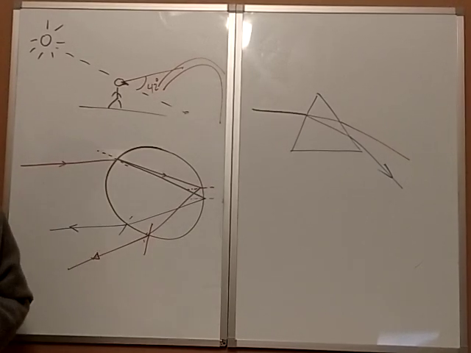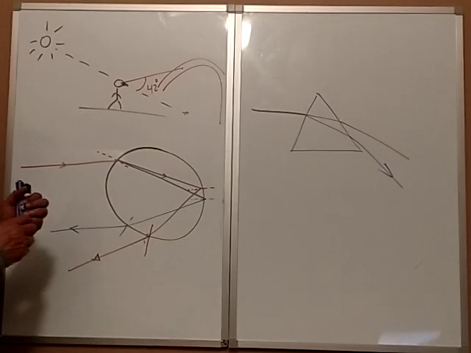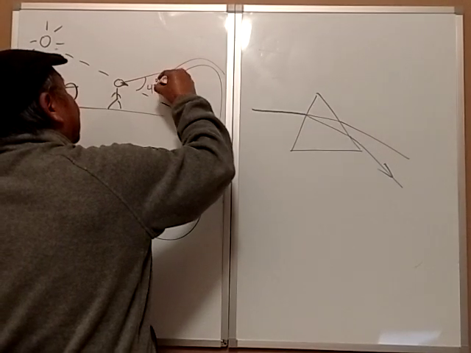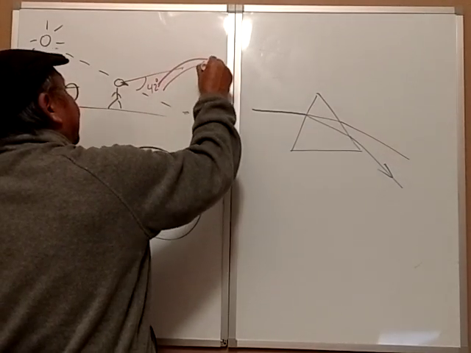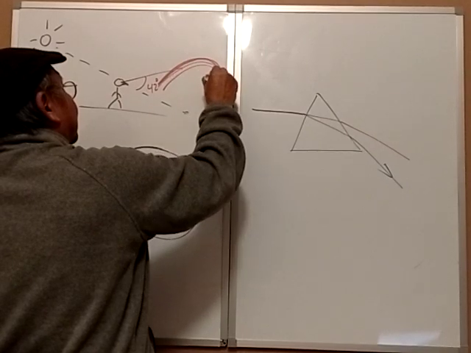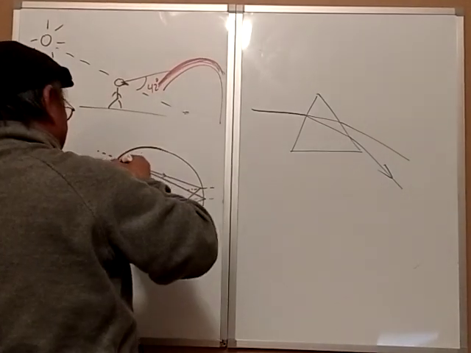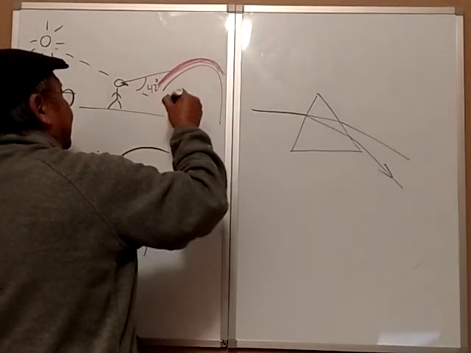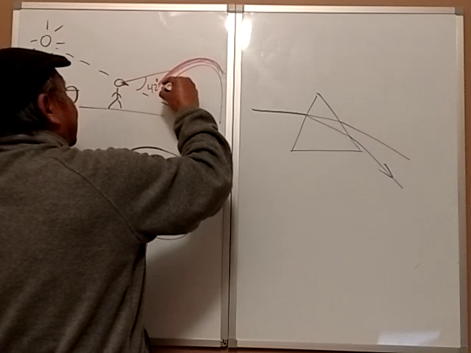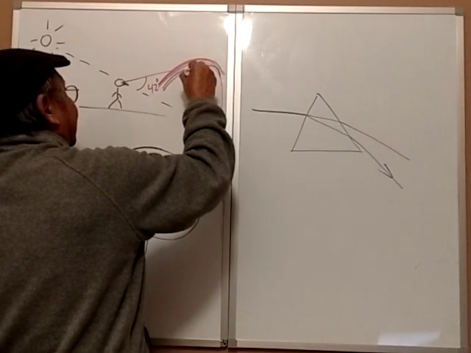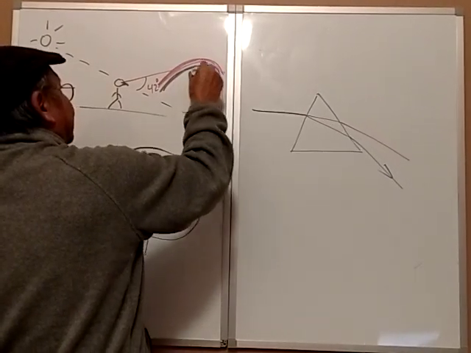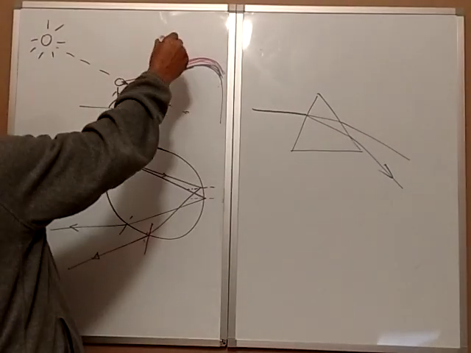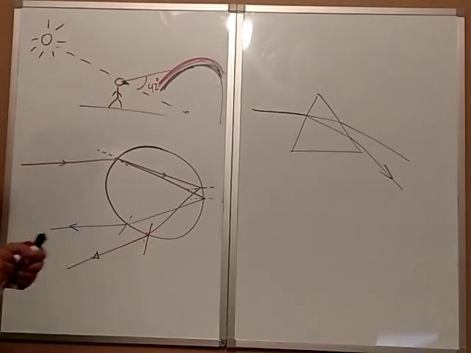But actually, when you see the rainbow, you see the red one is at the top. And the blue one, the violet one, is at the bottom. In between there are other colors like orange and green, right? So that's what will happen. The red one is at the top, the violet one is at the bottom.